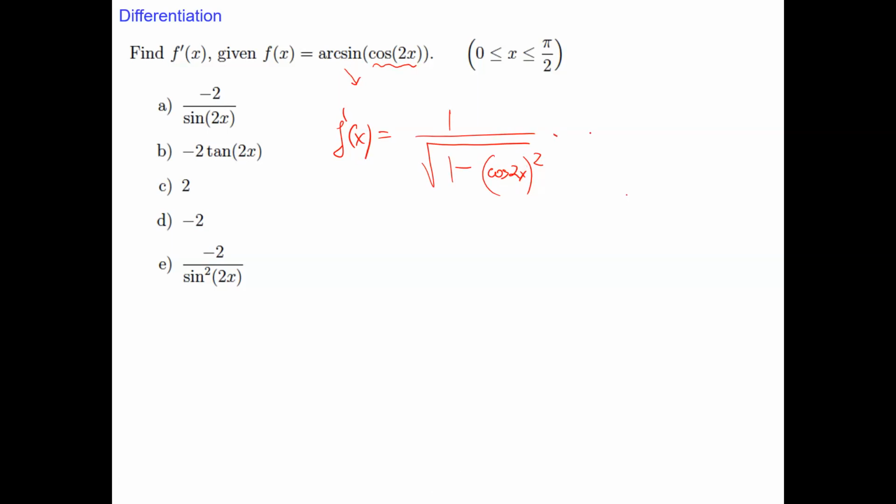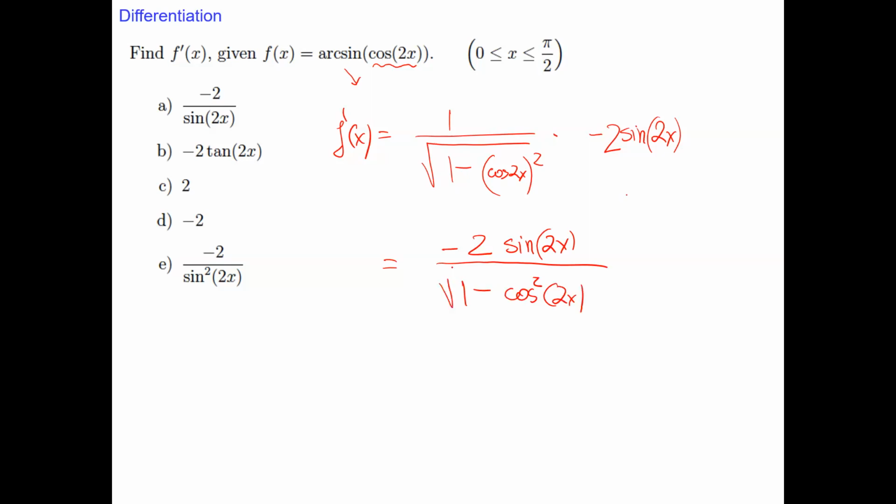Derivative of cosine of 2x is negative sine of 2x, and times derivative of the most inner function, 2x, which is 2. Okay, let's simplify. Negative 2 sine of 2x, that's the derivative of the inner function, over square root of 1 minus cosine square of 2x.